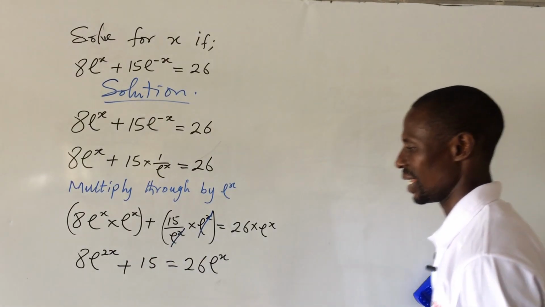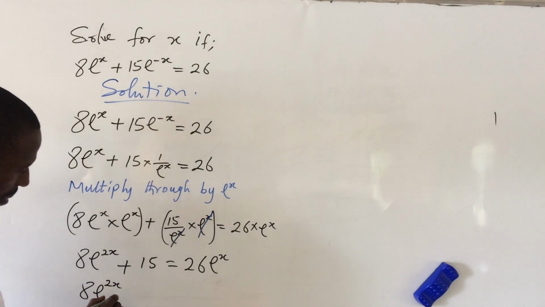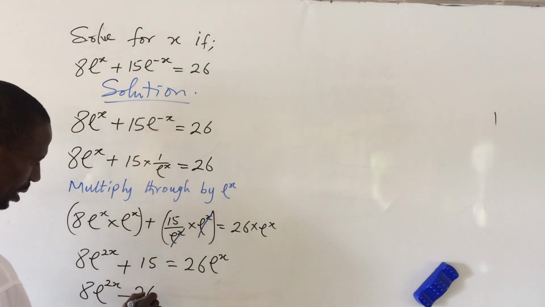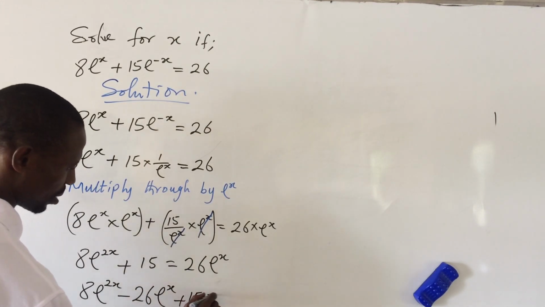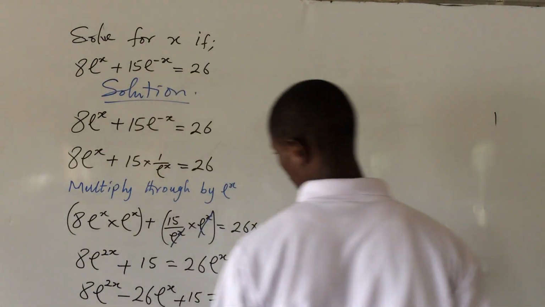So this will give us 8 to the power of 2x minus, because we have invisible plugs here, minus 26 exponential x plus 15 equal to 0. This other side will be left with 0.